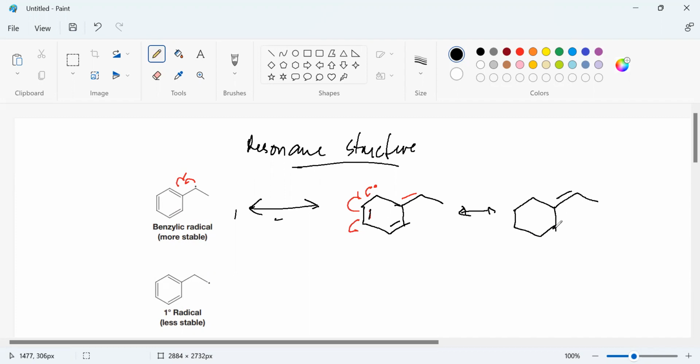And then you will have your double bond and your radical here. Then another resonance structure.